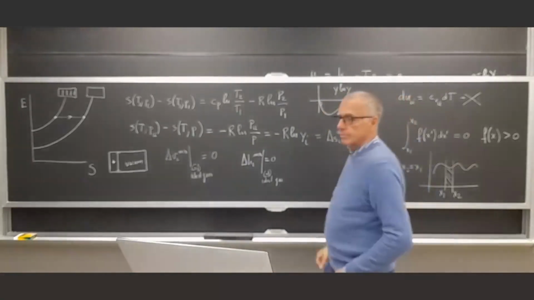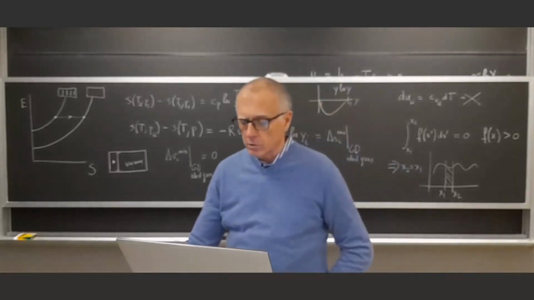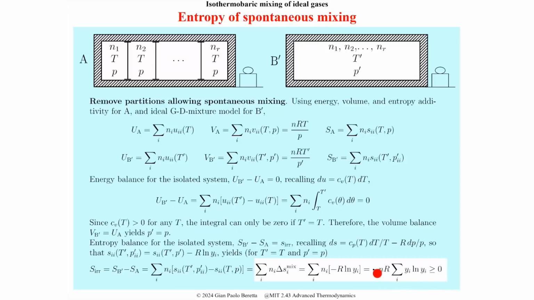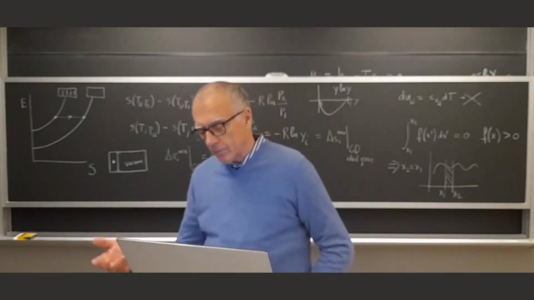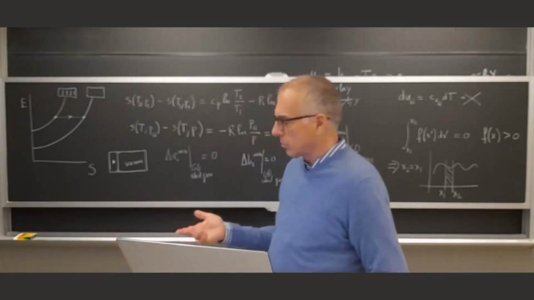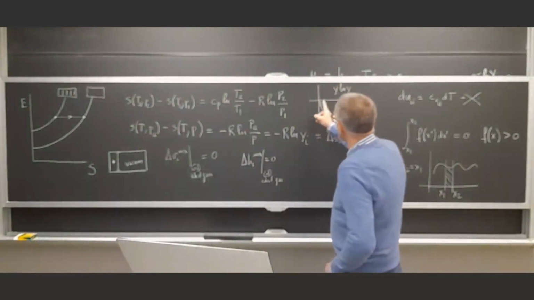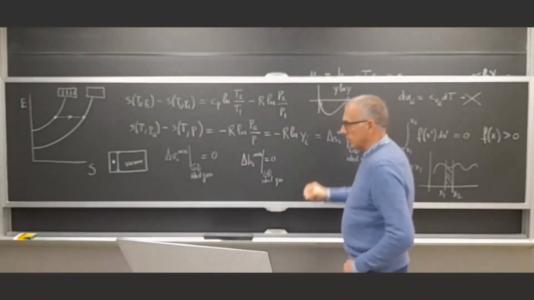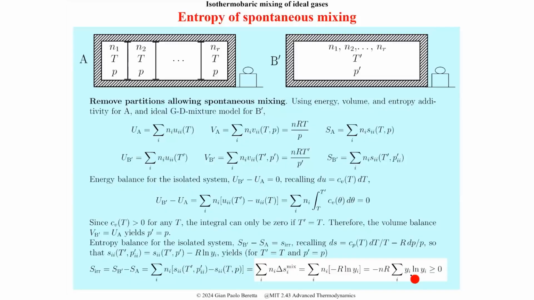So it's negative. So minus y log y is positive. And we are safe. That means for any reasonable, in other words, possible values of the mole fractions, which of course can go only between 0 and 1, that function is non-negative.